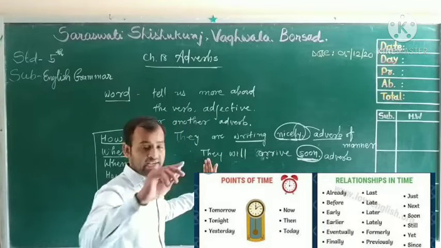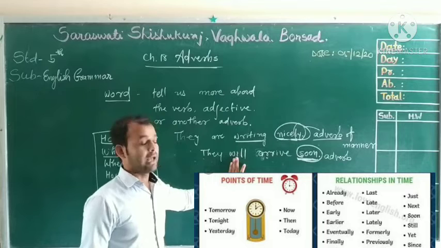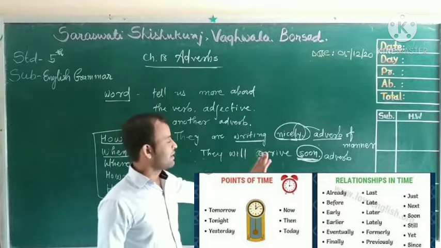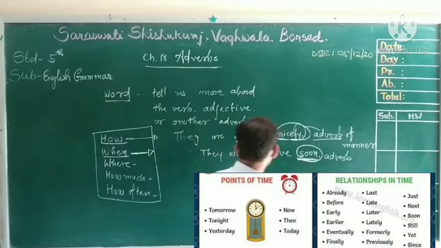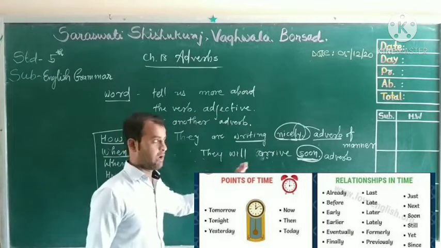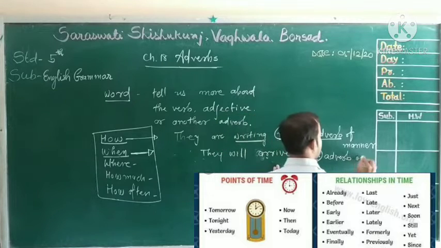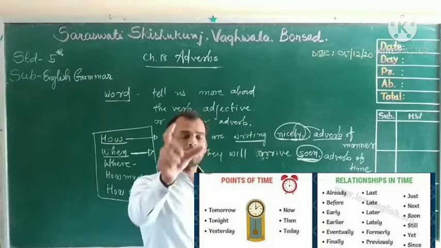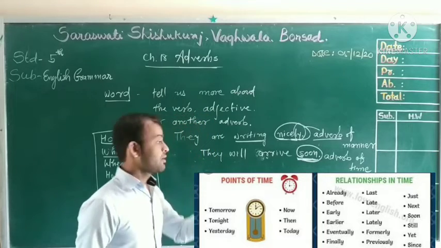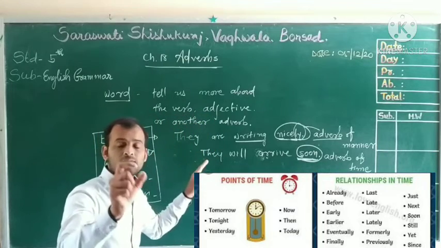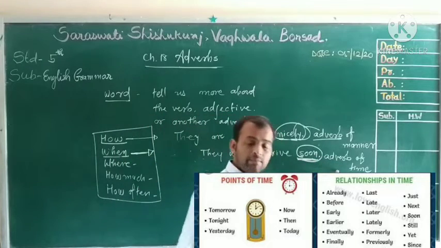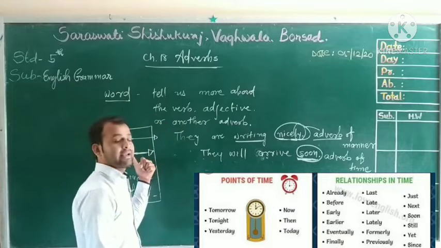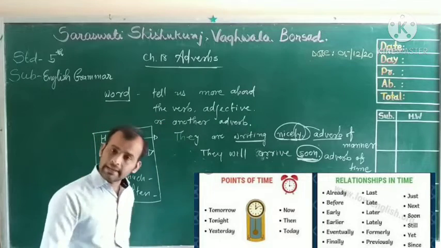They is our subject, will is our helping verb for the future tense, arrive is our main verb, soon is the adverb. So when will they arrive? They will arrive soon. It is called an adverb of time. An adverb of time indicates when the action will take place.